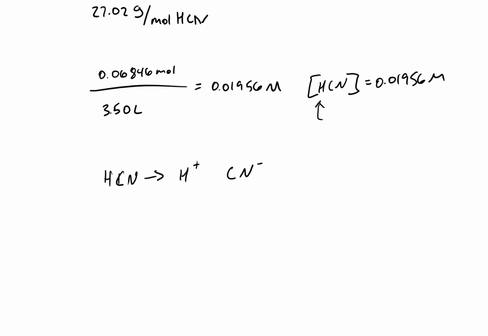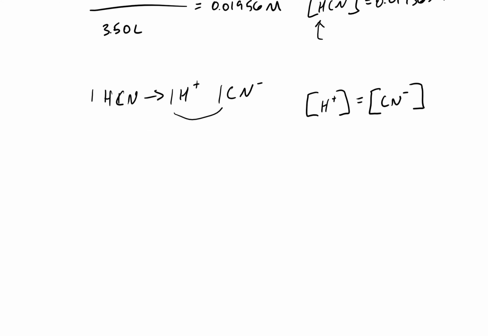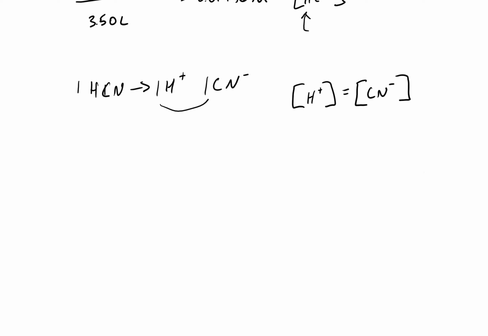As you can see, for every 1 mole of hydrocyanic acid we add in, we're going to end up with 1 mole of H plus ions and 1 mole of CN minus ions. Since these have a 1-to-1 ratio, our concentration of H plus ions is equal to the concentration of CN minus ions.